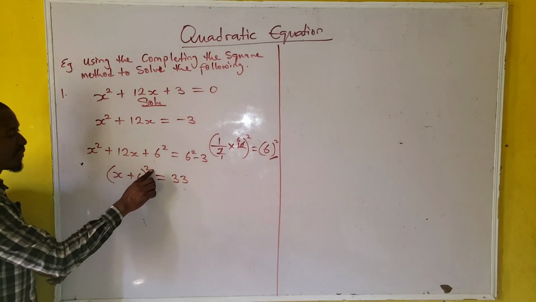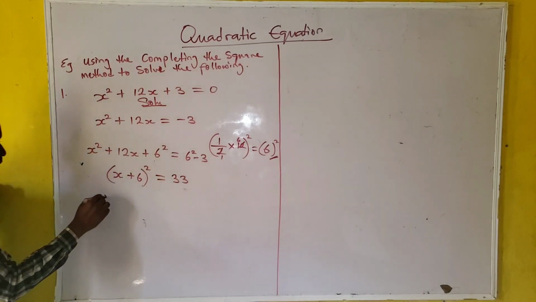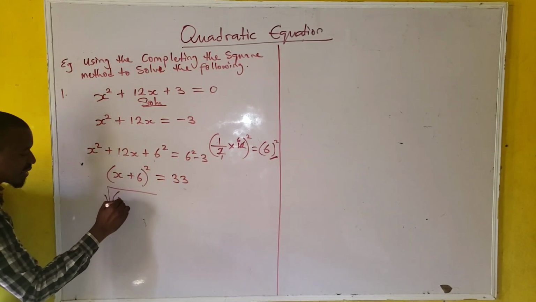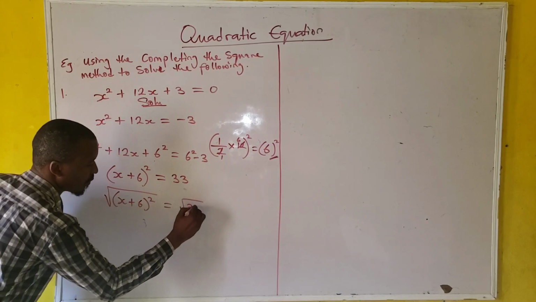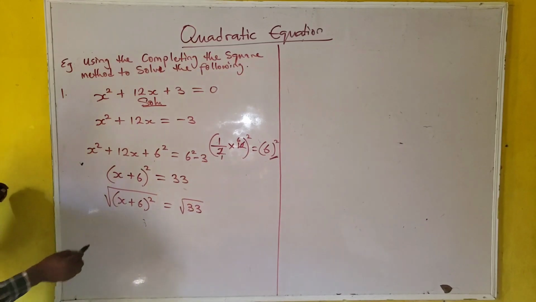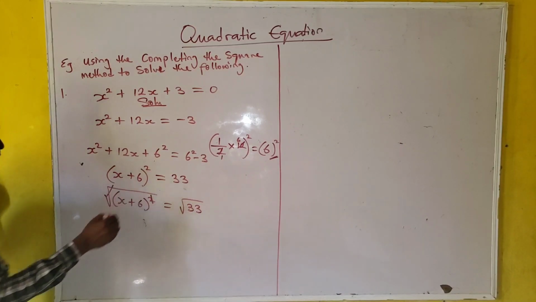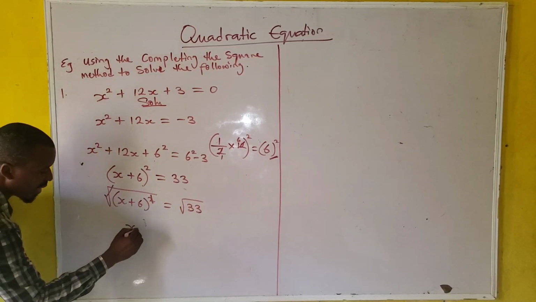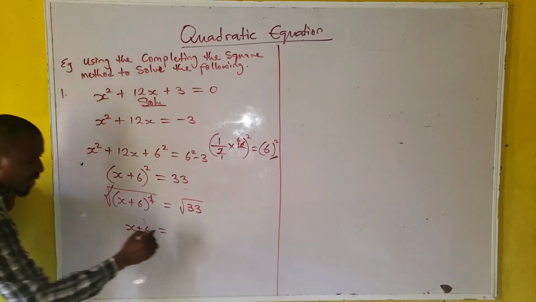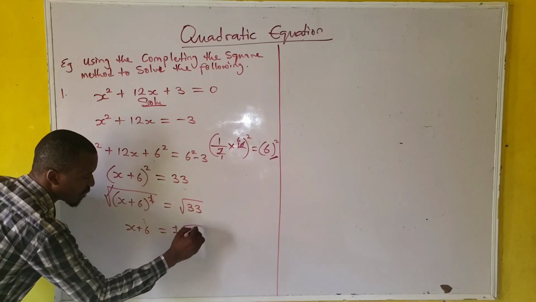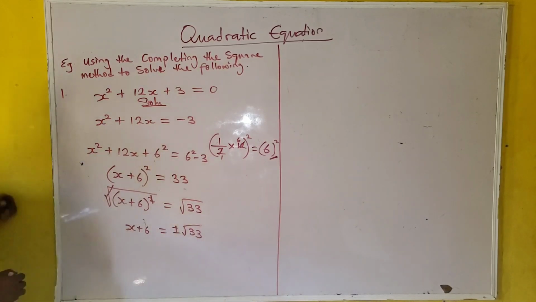Because I want to remove this square that is here. When I take the square root of both sides, this square root will cancel out this square. That will give me s plus 6. Of course, when you take the square root of a number, you have plus or minus the square root of 33. Then the next thing is to solve for your s.